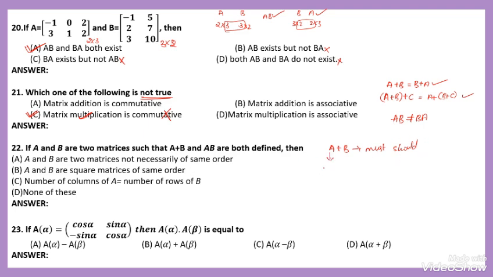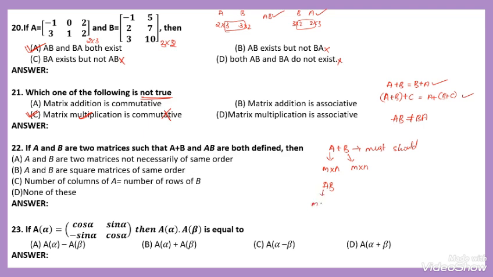If A is an M cross N matrix and B is also an M cross N matrix, and both orders are the same, then it is satisfied. Then for AB, A into B, I am taking the same result.